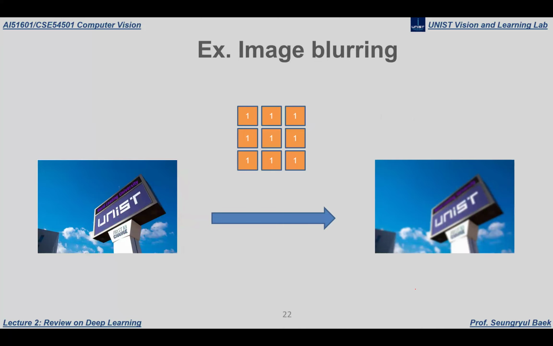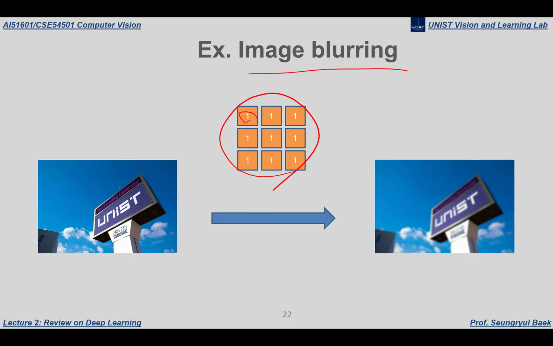And this is an example showing that 2D convolutions are widely used for image processing. For example, in Photoshop, you may see the image blurring effect. For image blurring, you can think of the coefficients of the filter kernel as uniform values.